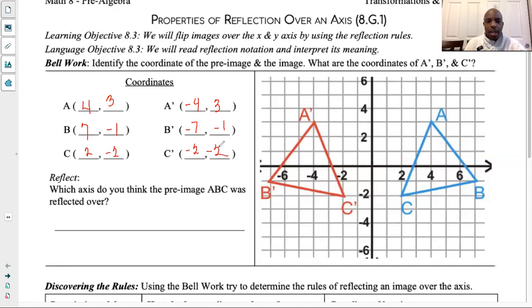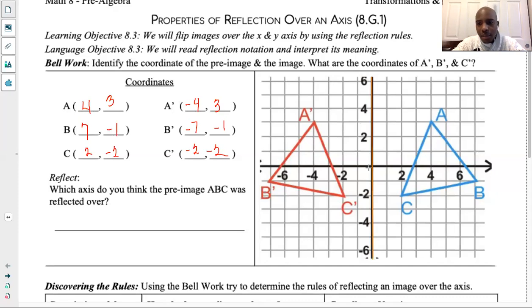Now, I asked you in the reflection, what axis do you believe that this pre-image ABC, the blue one, is reflected over? What do you think this one is reflected over? And if you were looking at the actual graph as well as I am, you would have noticed, and I'm going to use an orange here to draw out this line, that this line I'm drawing goes right over the y-axis.